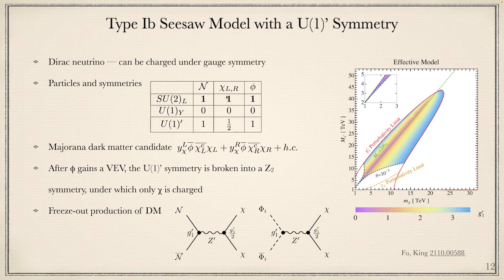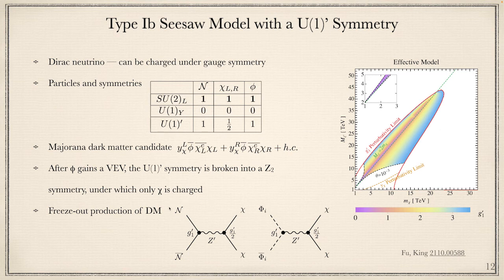The dark fermion has a half-integer charge. It's the only particle that has a half-integer charge under the U(1) prime symmetry, which means after the U(1) symmetry breaking, there will be a remaining Z2 symmetry, under which only the dark fermion chi is charged.